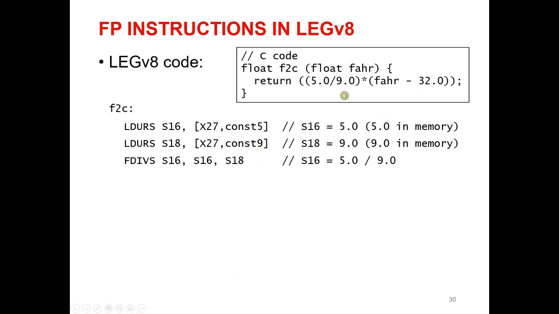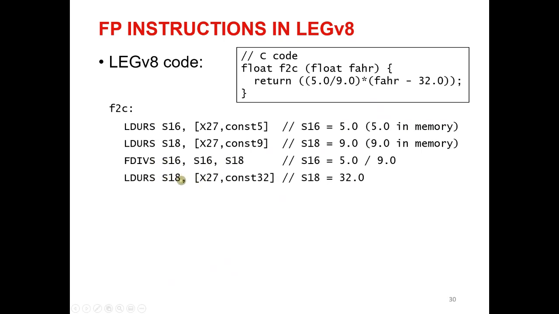Now I'm going to perform the division, 5.0 divided by 9.0, and I'm going to store the result in S16. So in this case, I'm using the floating point division single precision, and I'm using single precision registers.